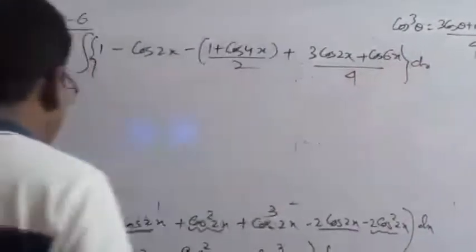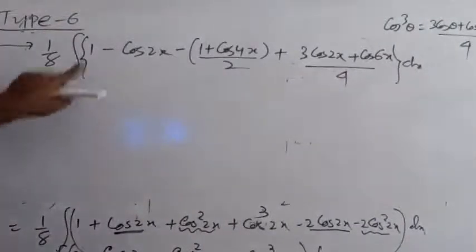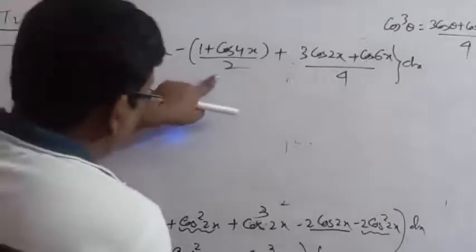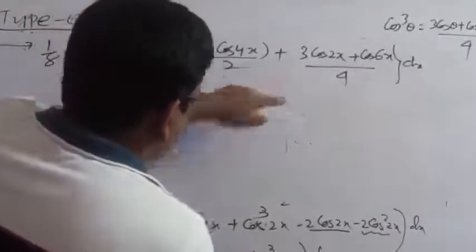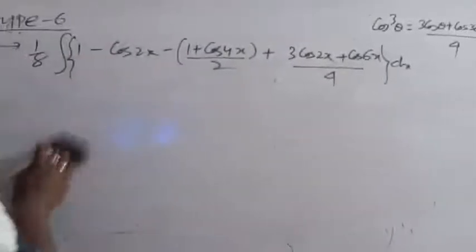Now taking LCM. 1, cos 2x, cos square 2x, and cos cube 2x. Correct?